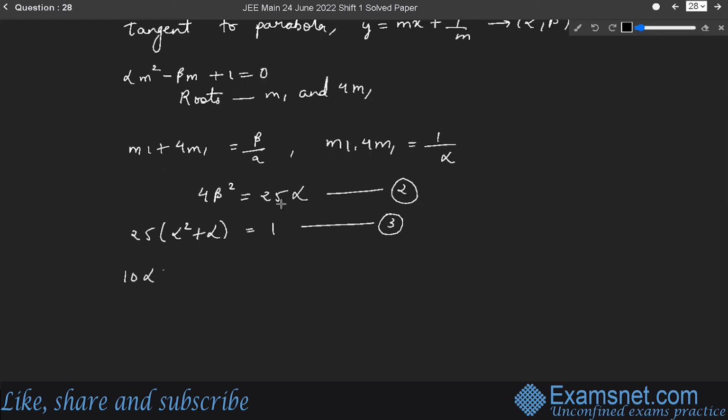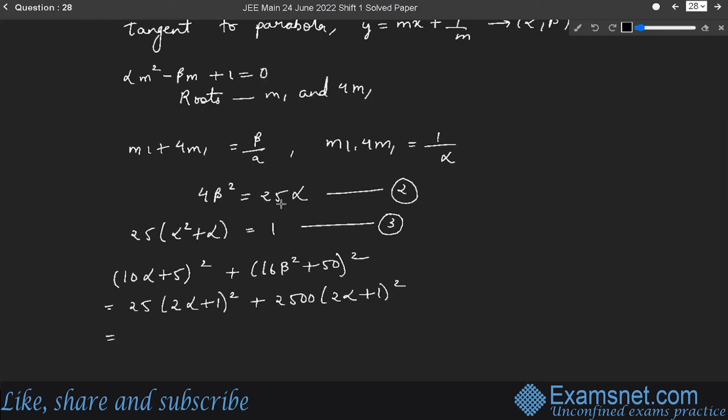Now (tan alpha plus 5) whole square plus (16 beta square plus 50) whole square will be equal to 25 into (2 alpha plus 1) whole square plus 2500 into (2 alpha plus 1) whole square. So this will be equal to 2525 into (4 alpha square plus 4 alpha plus 1).